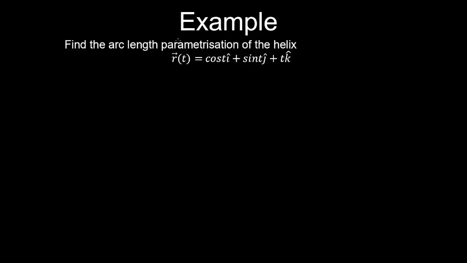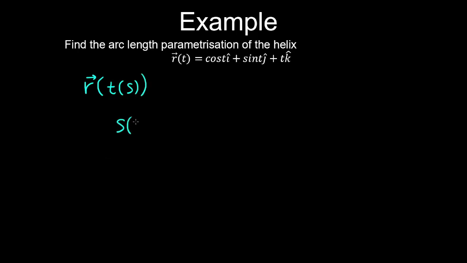Let's find the arc length parameterization of the helix given by the following position function. So we want to find r, which is a function of t, as a function of the arc length parameter s.